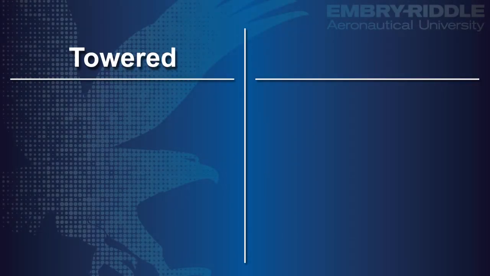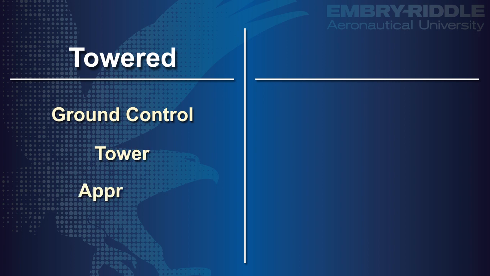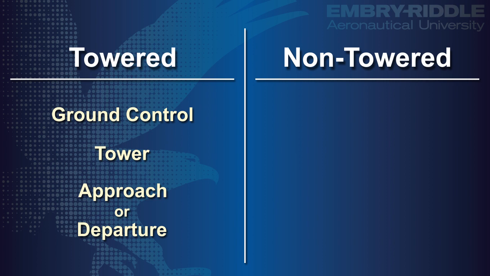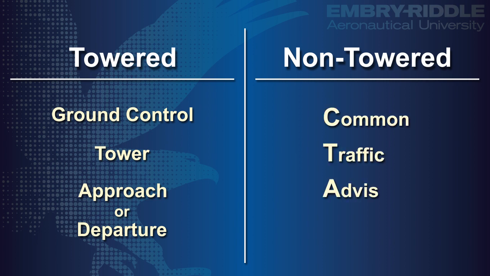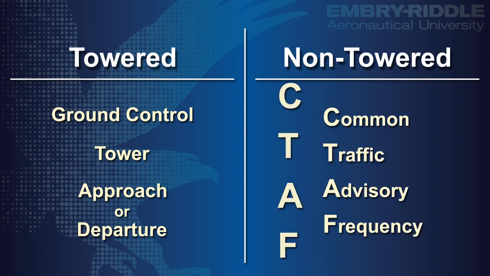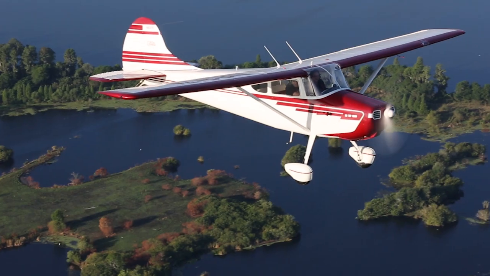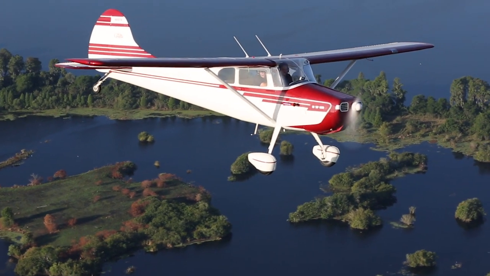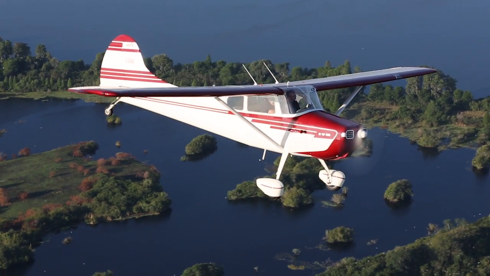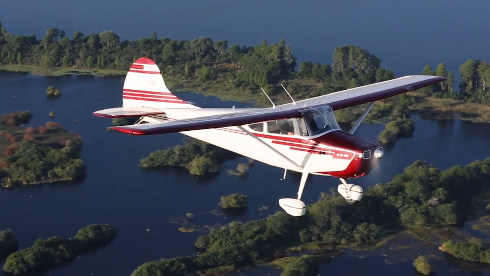At towered airports, ATC and pilots communicate over a series of distinct frequencies known as ground control, tower, and approach or departure. At non-towered airports, pilots communicate over a common traffic advisory frequency, or CTAF, issuing traffic advisories and coordinating with other pilots in the area. Aircraft without radios rely on patterned procedures and a good visual lookout to sequence with other aircraft.